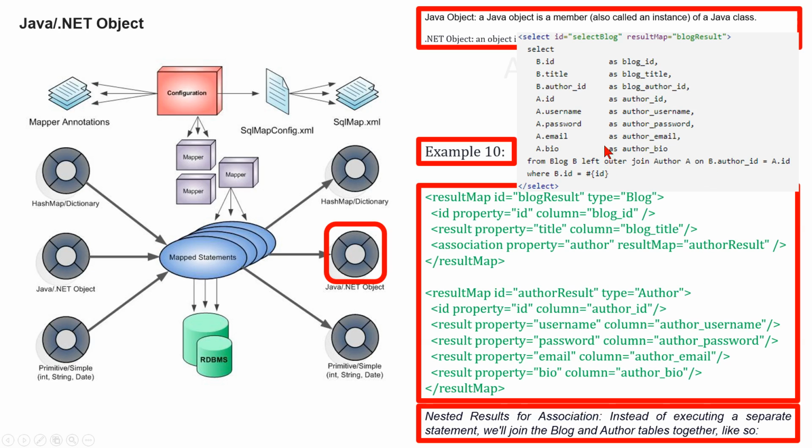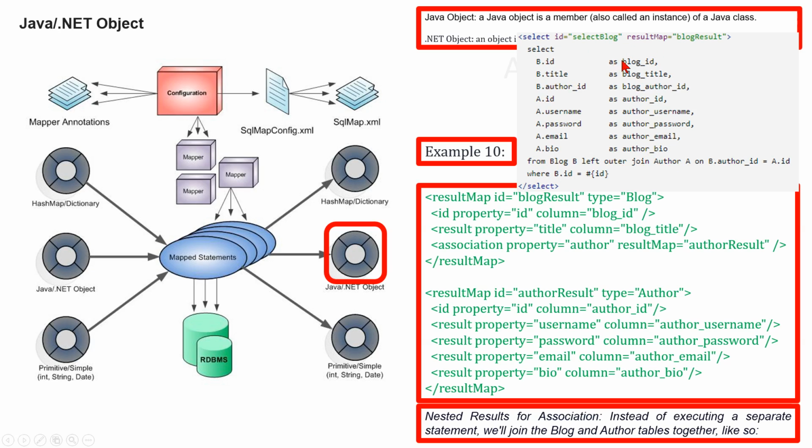The following is a far simpler example to demonstrate how this works. Instead of executing a separate statement, we will join the blog and author tables together, like so.